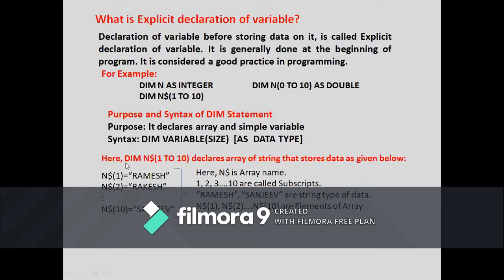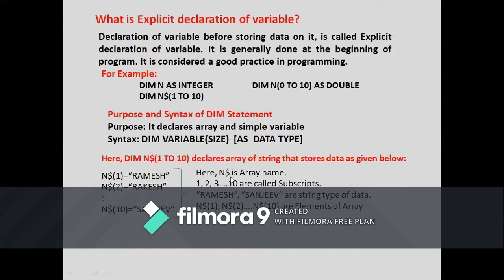And on the screen you can see dim n$(1 to 10). It declares an array of strings that stores data as given below. Here n$(1) can store the first data or first string, that is Ramesh. n$(2) stores the second data, that is Rakesh. In that way, n$(10), the last element of the array, stores Sanjeev, that is the last data.